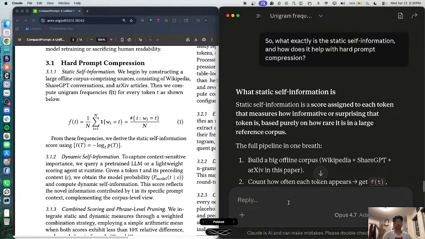There are two components that go into determining that score. The first one, which I've nailed, is the unigram frequency, figuring out how frequent that specific token is within the corpus of text curated by you. And then after that, you use the self-information formula, which uses a negative log to get the final score. Okay.